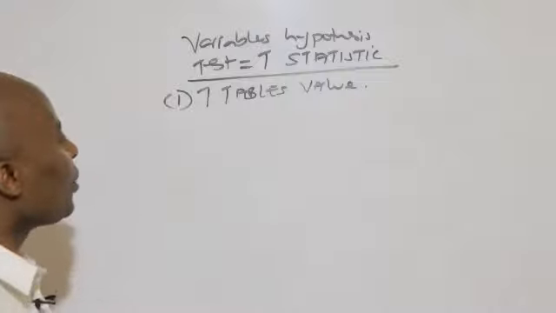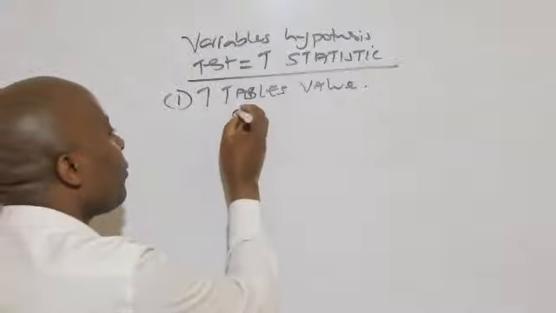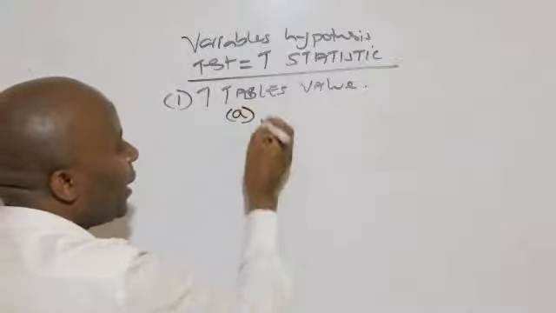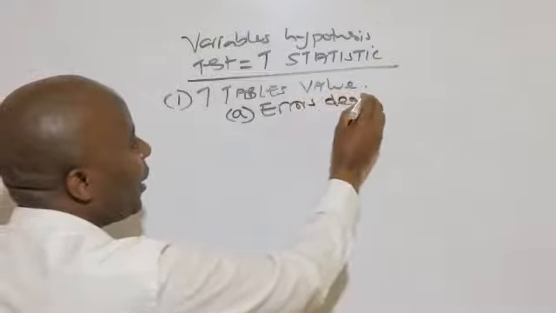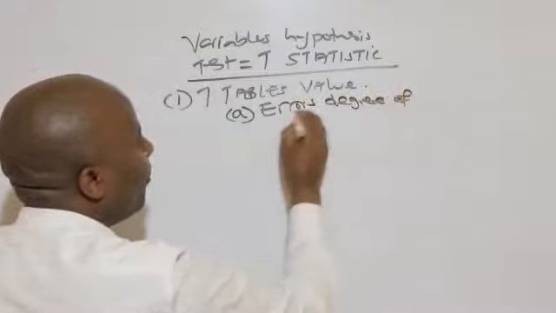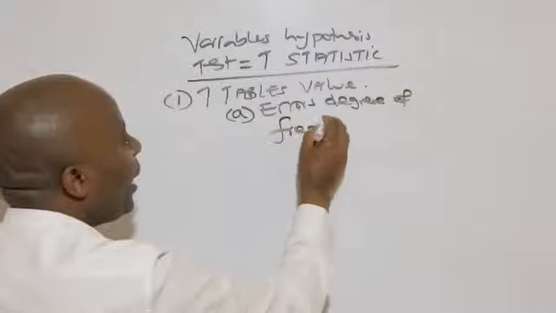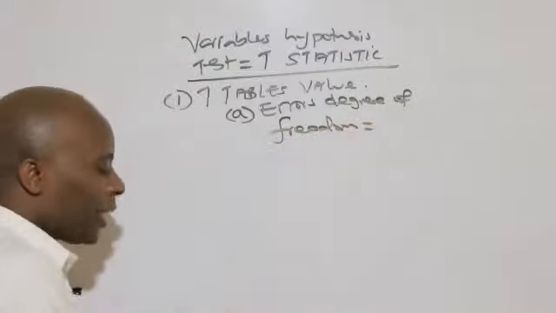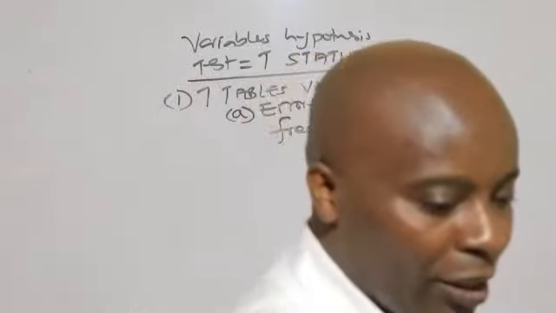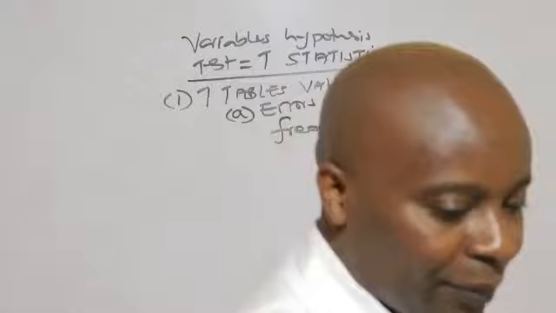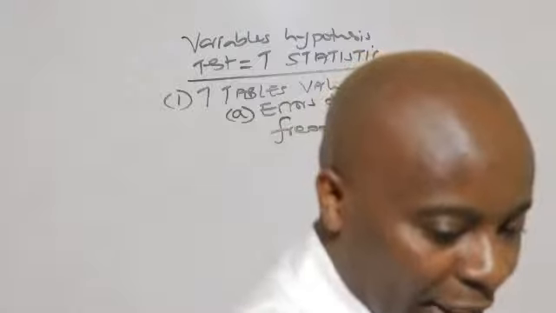For me to read this t tables value, what do I need? Number 1, I need the error's degrees of freedom. Is there somebody who is able to see the degrees of freedom of the error term?